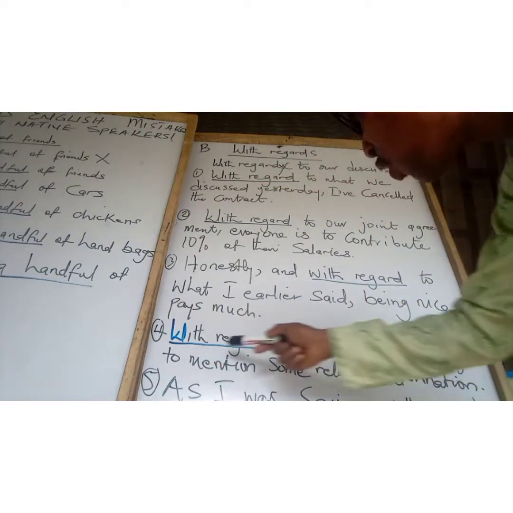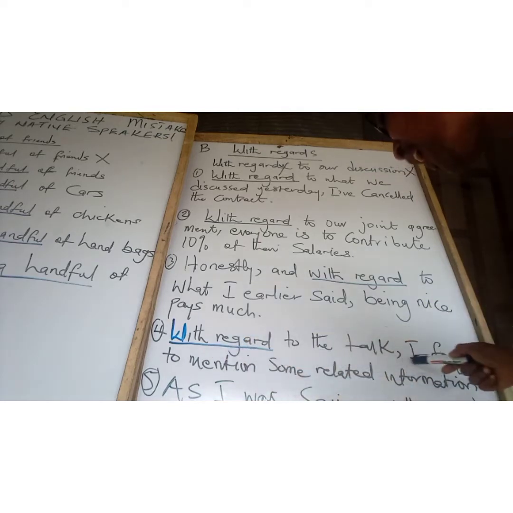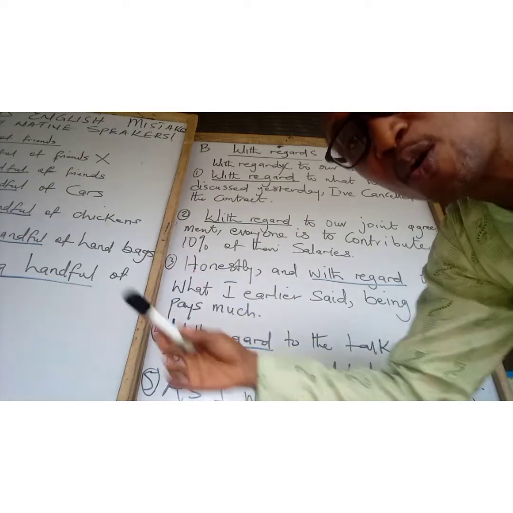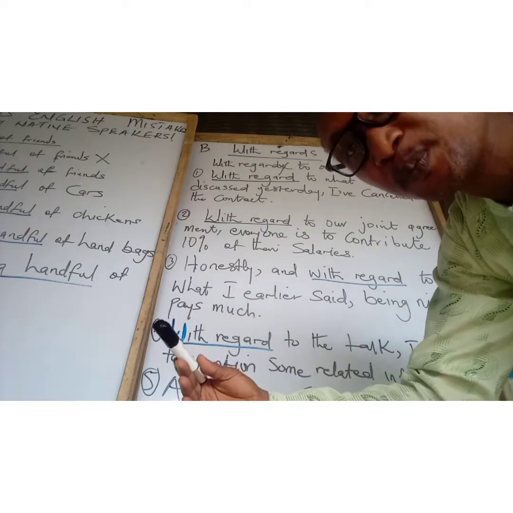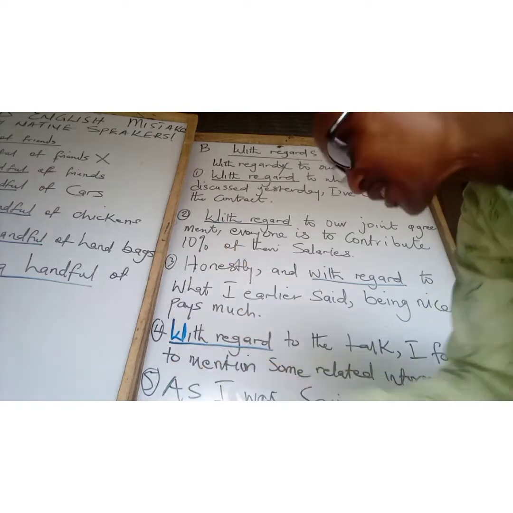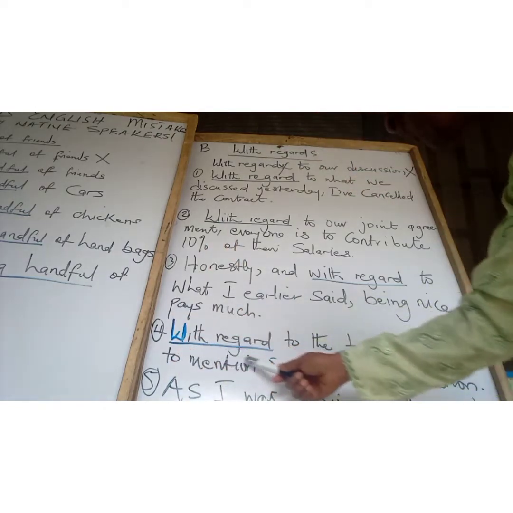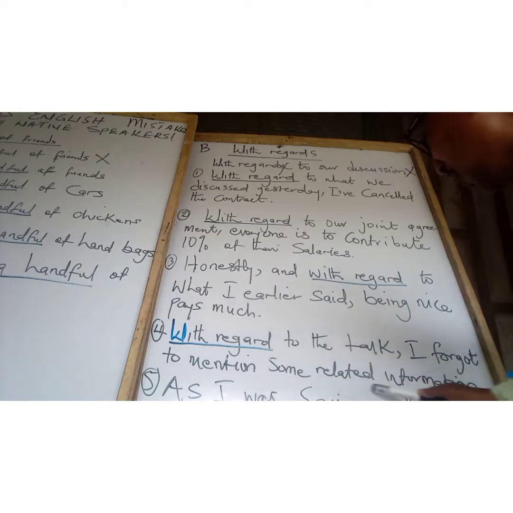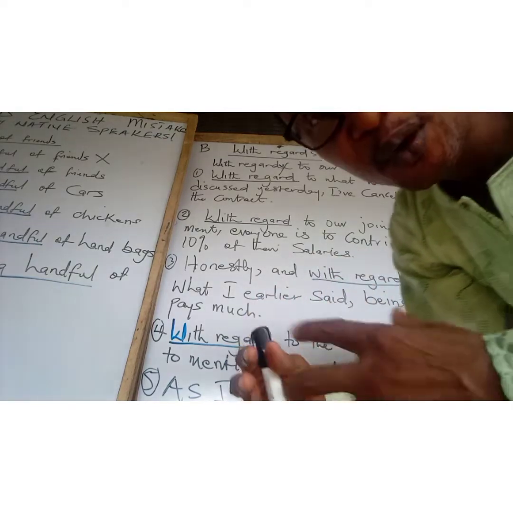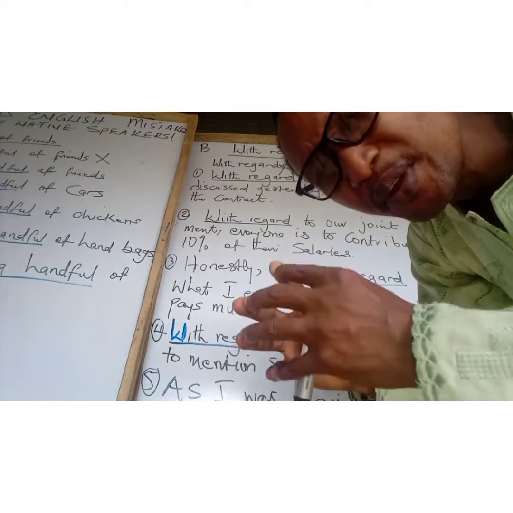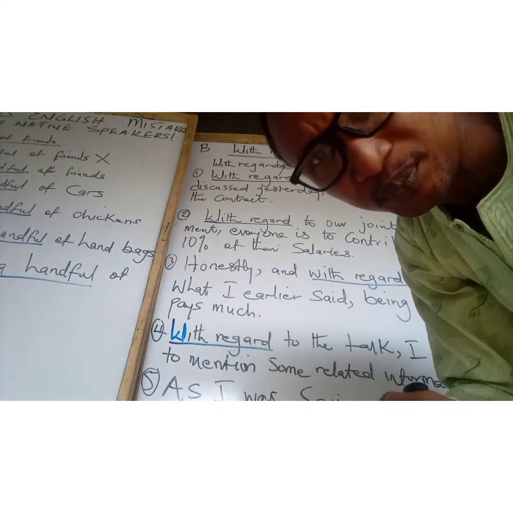With regard to the talk that I presented, or with regard to the speech. With regard to the talk I delivered at the conference, I forgot to include some very important and related information.